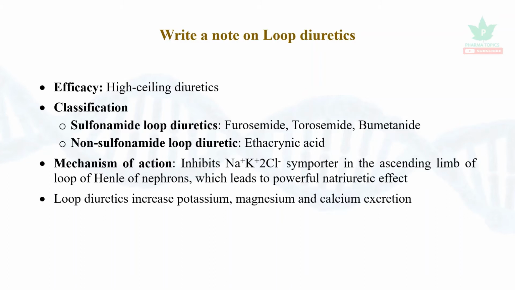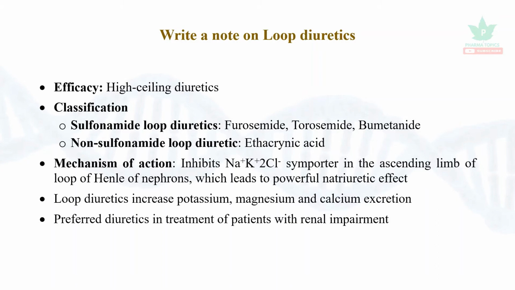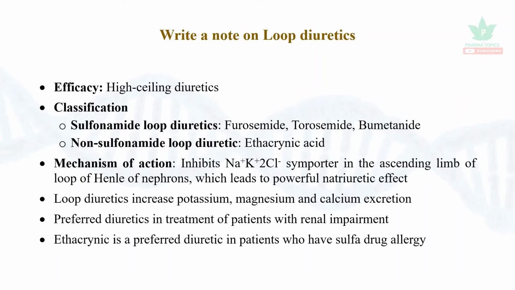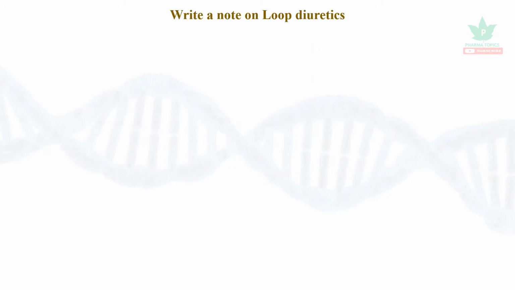Loop diuretics increase potassium, magnesium, and calcium excretion. You may remember loop loses calcium. Thiazides, they retain the calcium. They are preferred diuretics in treatment of patients with renal impairment. Ethacrynic acid is a preferred diuretic in patients who have sulfa allergy because it's a non-sulfonamide loop diuretic.